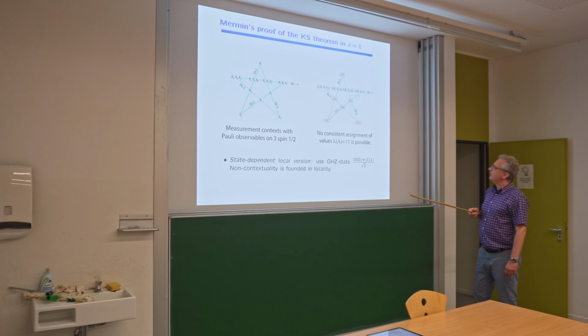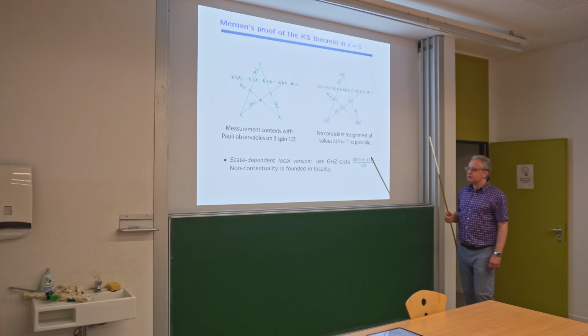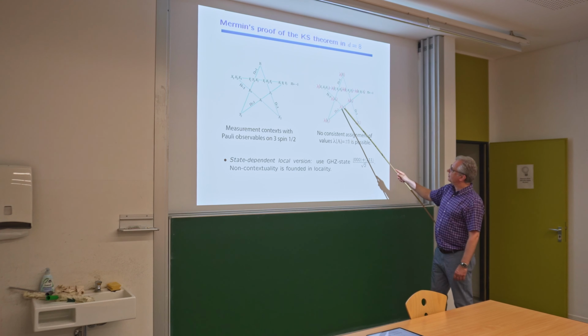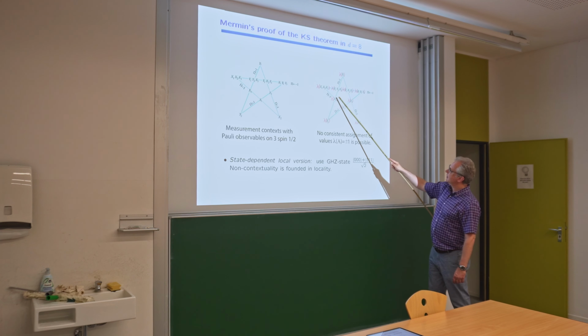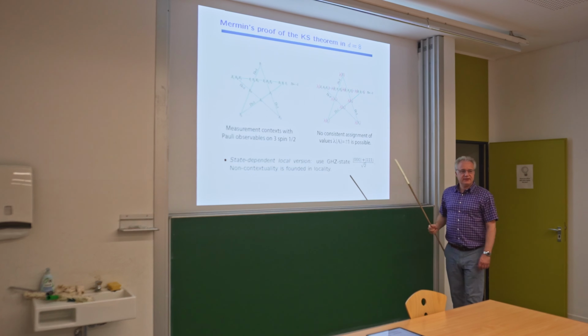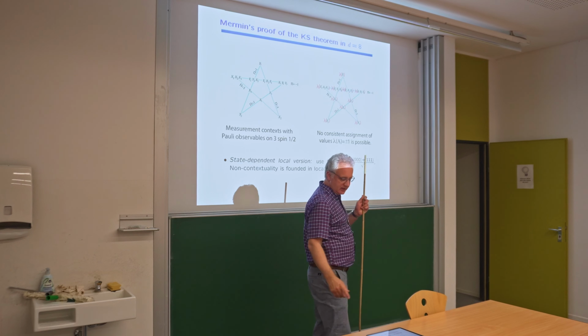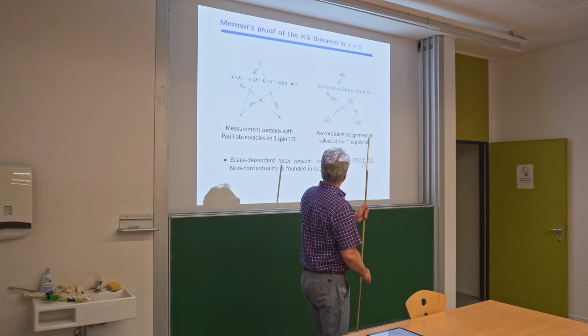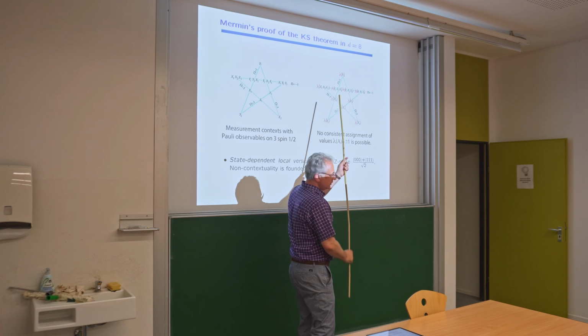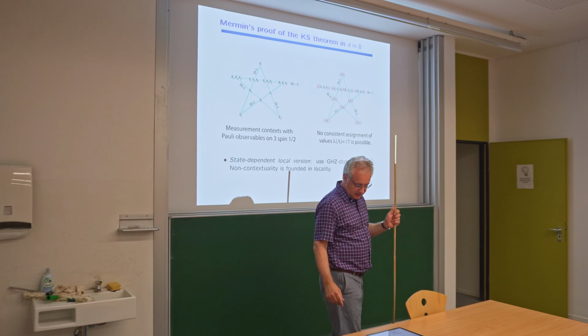Okay, and so now the contextuality question is, can the local observables be assigned values, yes or no? And the answer is still no. We're just making it harder to find value assignments, and even when these values were not fixed, there is none.